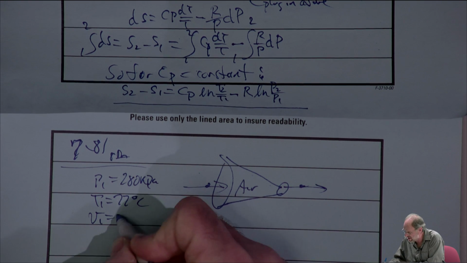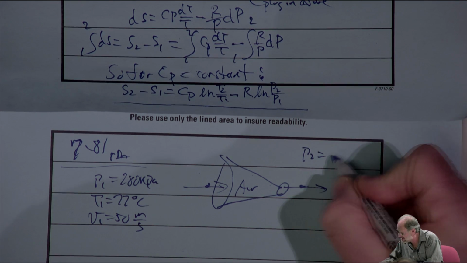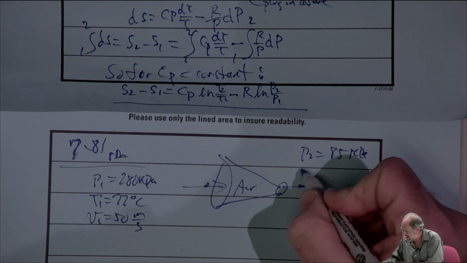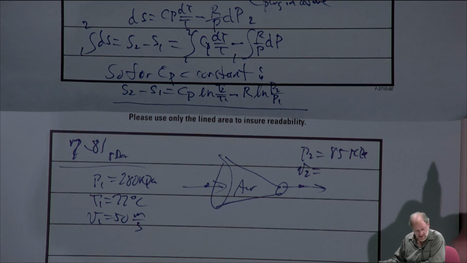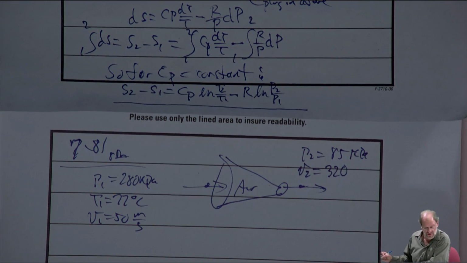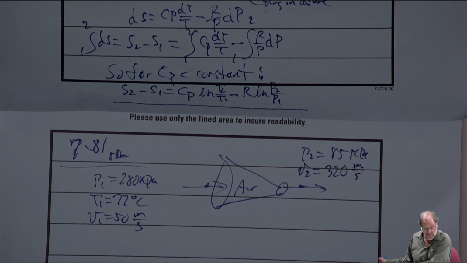And V1 is 50 meters per second. 85 kilopascals is the exit pressure. And the exit velocity is much higher. I mean, that's what nozzles do, right? They accelerate fluids. So the velocity comes out quite a bit greater at 320 meters per second.